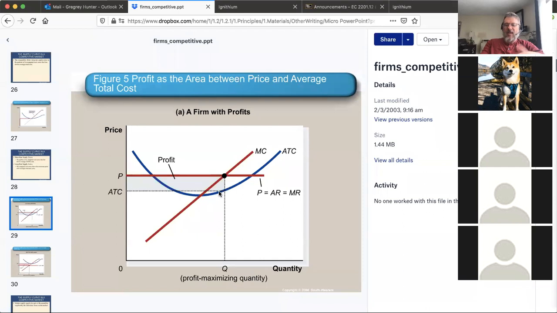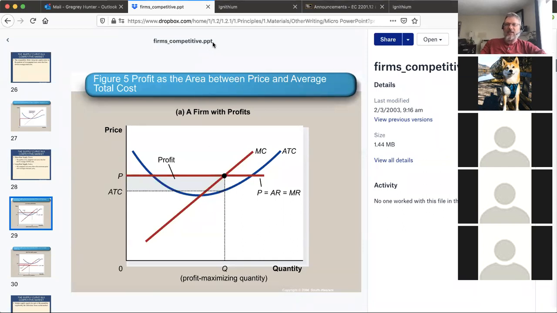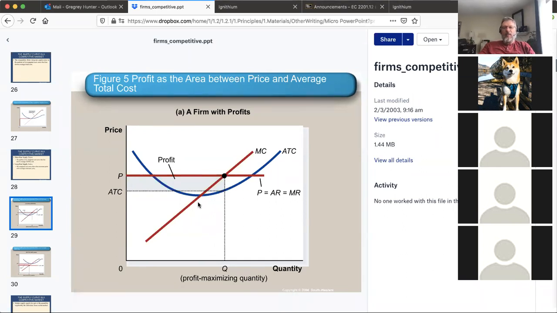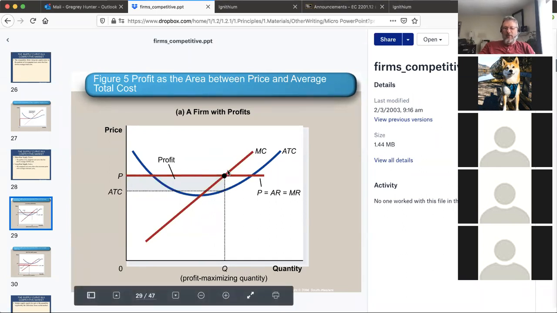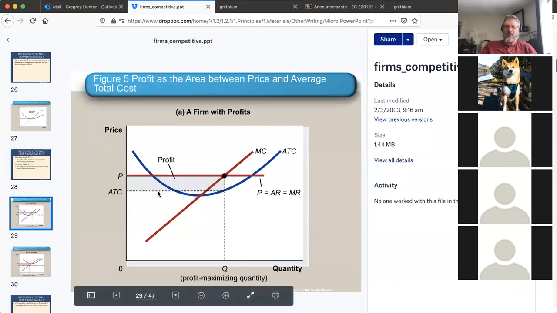Okay, so that should complete the explanation of what you're seeing on this diagram. So marginal cost is equal to marginal revenue at that crossing point, and this is called a profit rectangle on our diagram. So we can measure the firm's profit. We could see how much profit it was making just by reading it off of the diagram.